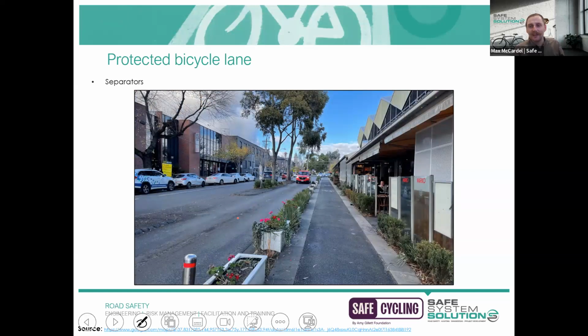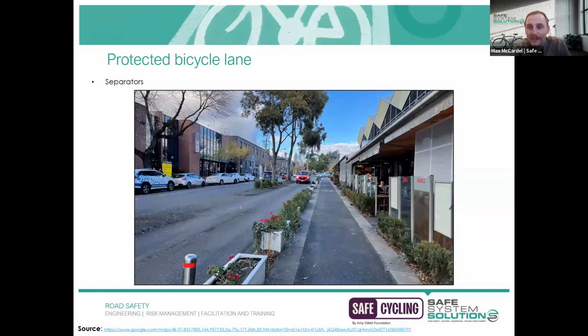Planter boxes have also been used for separation as well. Now, there's a bit of a catch-22 with using planter boxes. They can definitely liven the streetscape and make things look a lot prettier, which I'm all for. I'm very much a green thumb and love to see plants and flowers in our carriageways.